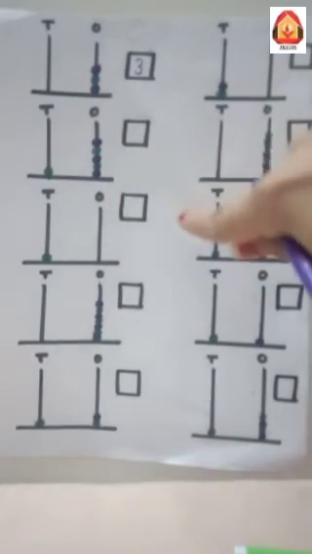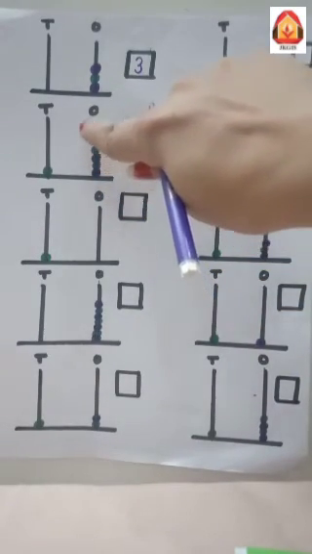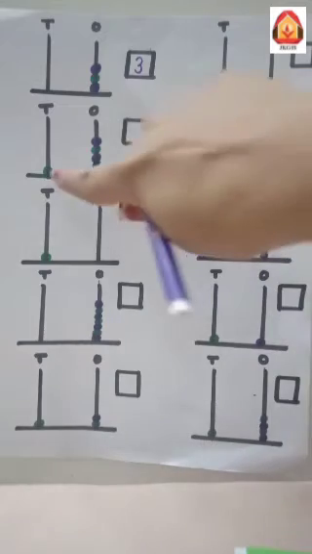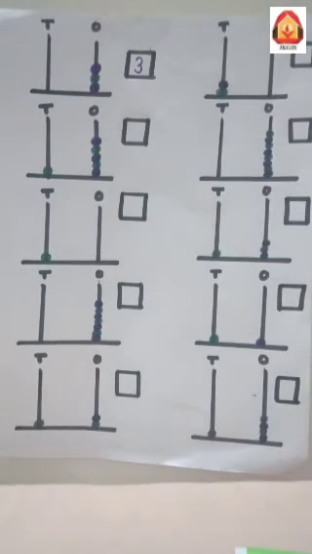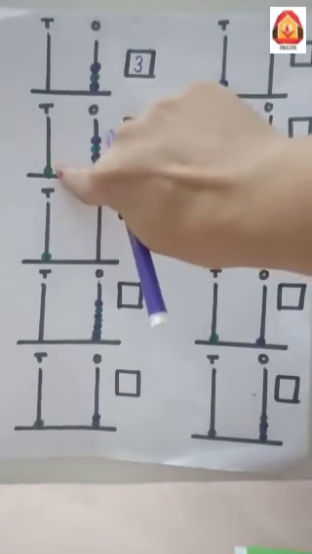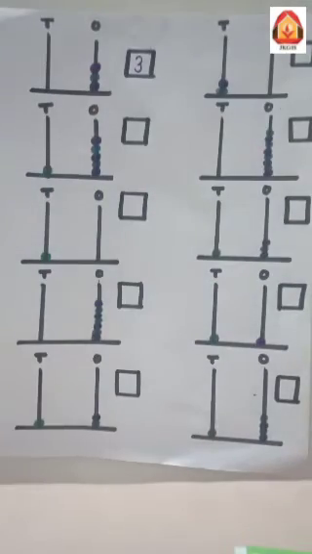So now another abacus. So how many beads are there? Let us count. 1, 2, 3, 4, 5. 5 beads are in ones place and at tens place we have only 1 bead. We know that 1 means 10.